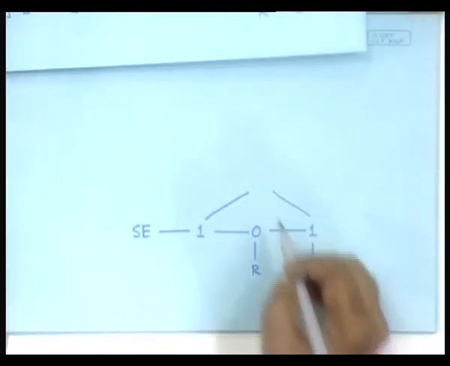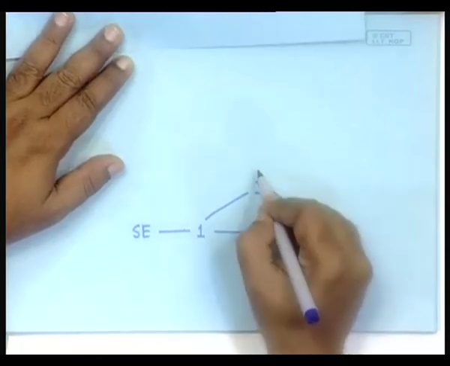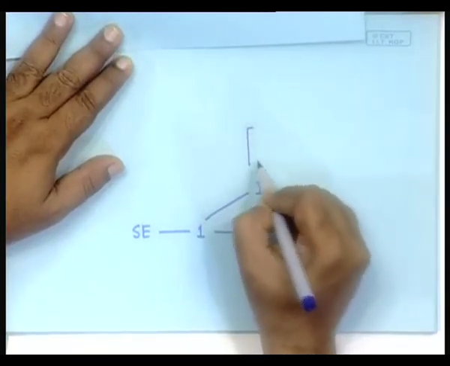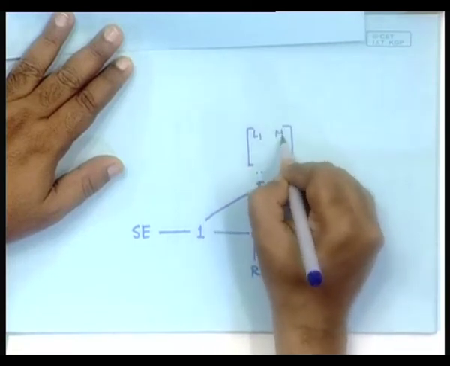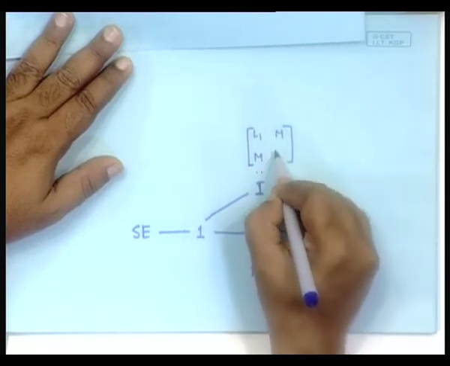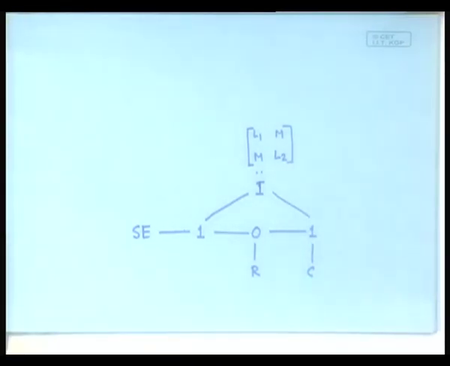So, it will also be an I element, but its character will be represented by the matrix L1 m, m L2. That completes the story.